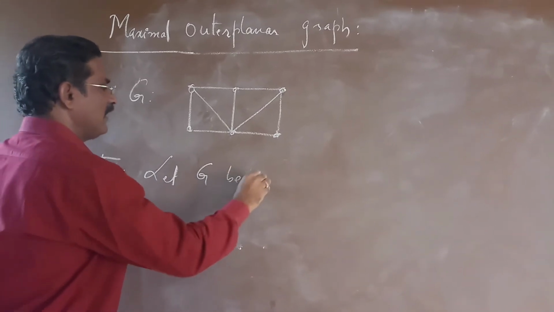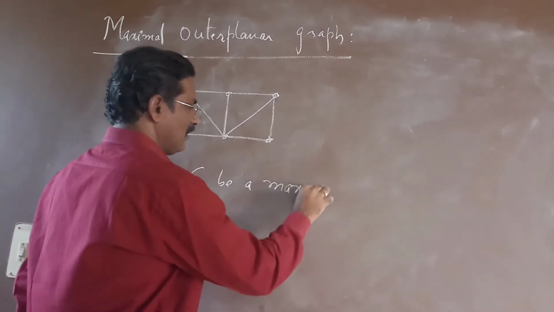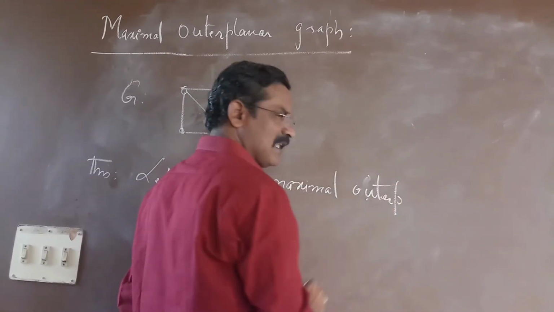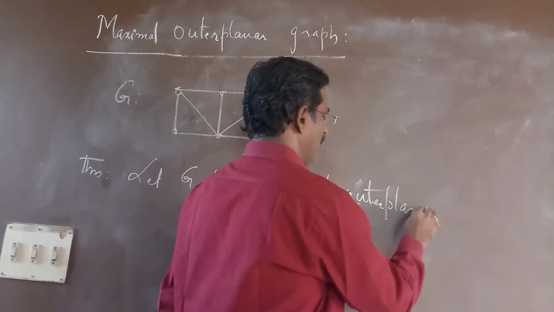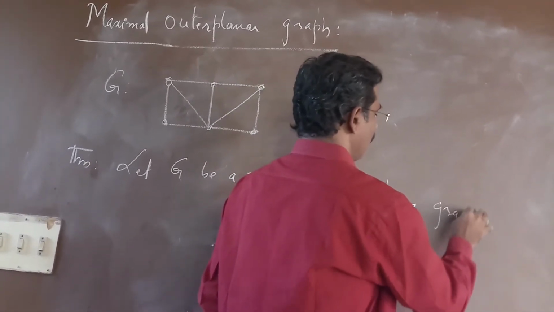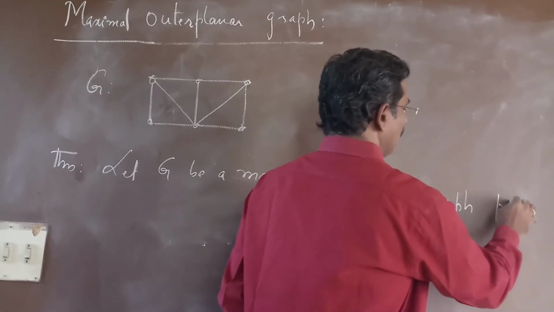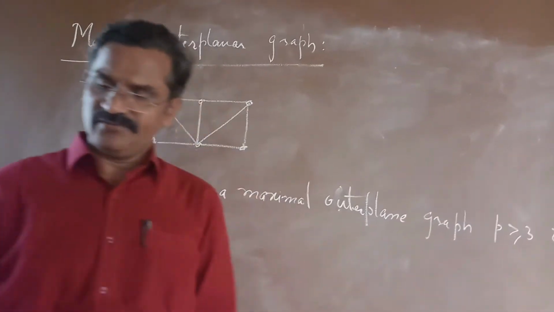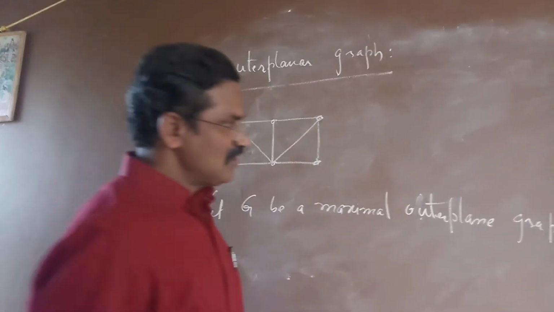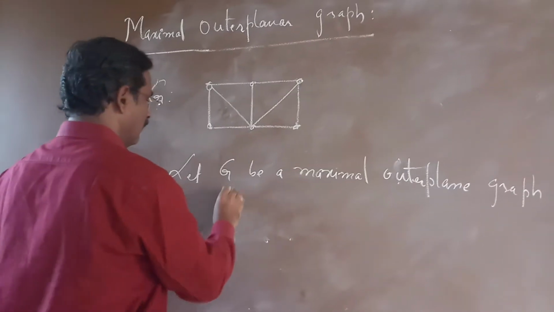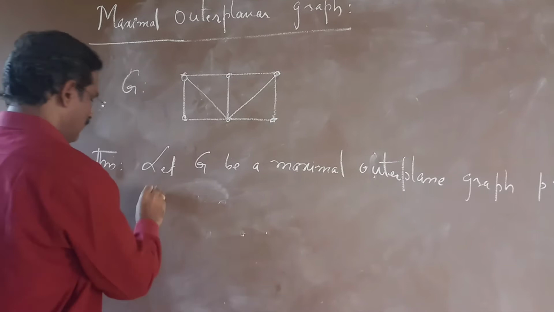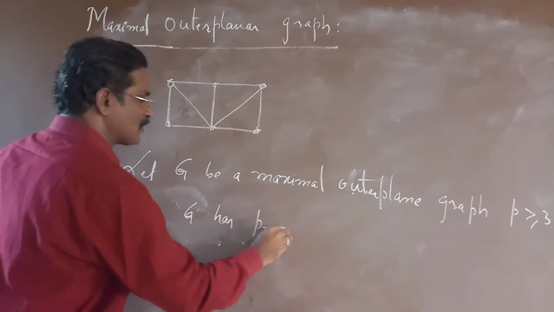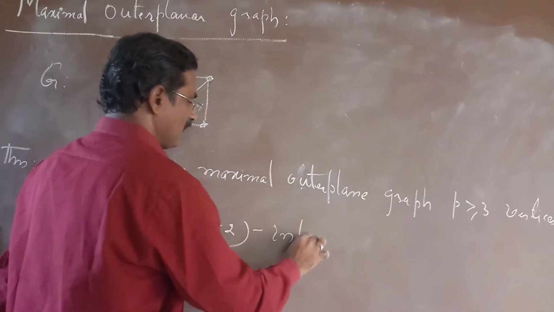Instead of taking planar, I shall take a plane graph, an outer plane graph, with p greater than or equal to 3 vertices. Then G has p minus 2 interior faces.